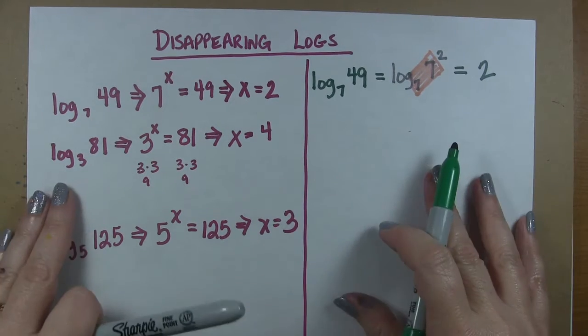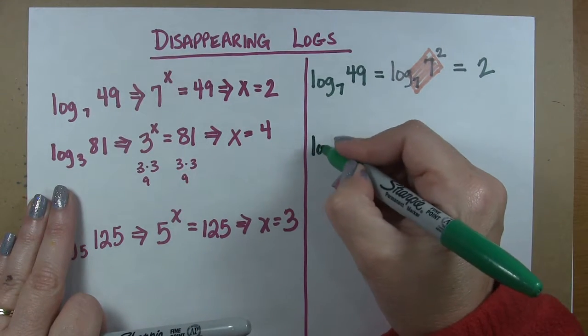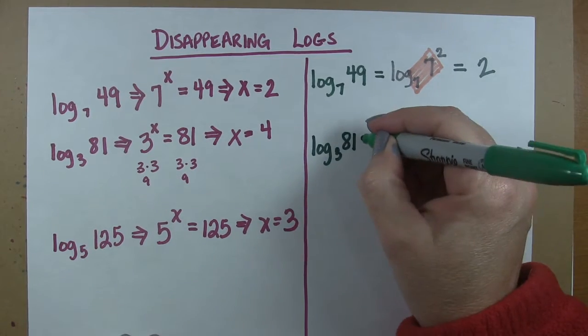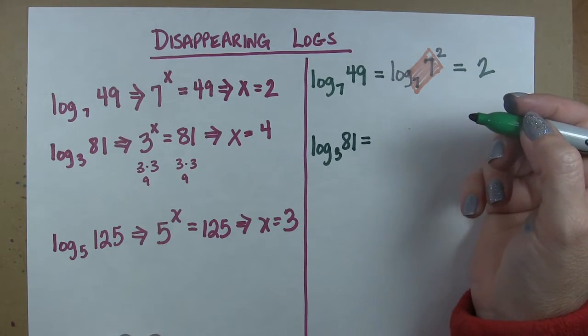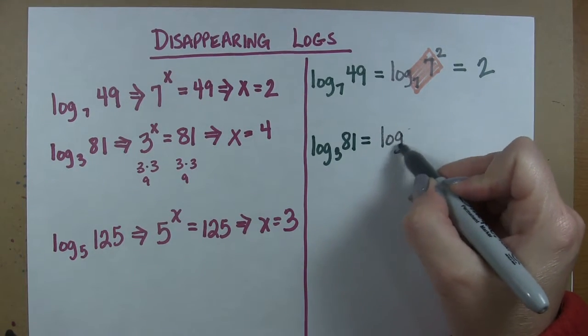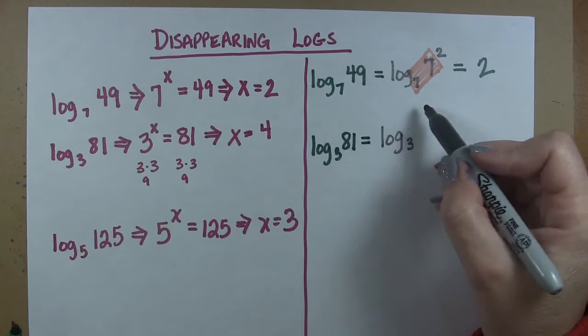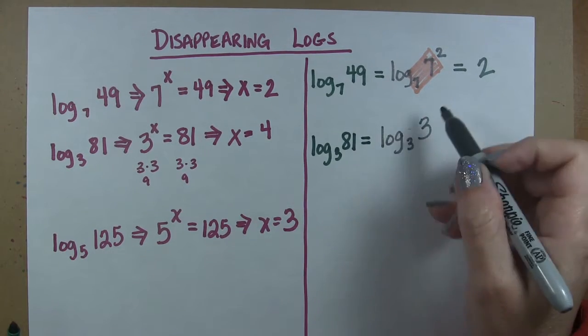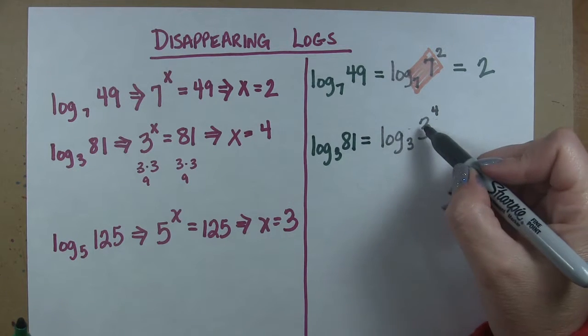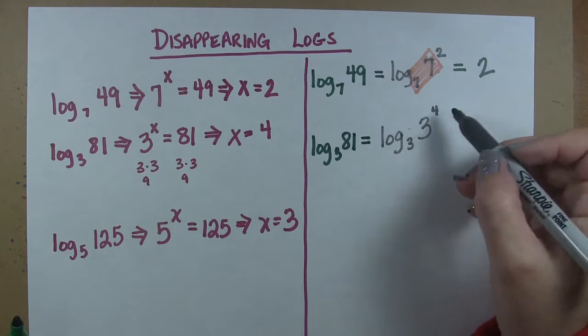Let's do another one. Let's do log base 3 of 81. What is that going to equal? I'm going to rewrite it so that I have log base 3, and I want to rewrite my 81 in terms of 3. That would be 3 to the 4th, because 3 times 3 times 3 times 3 makes 81.